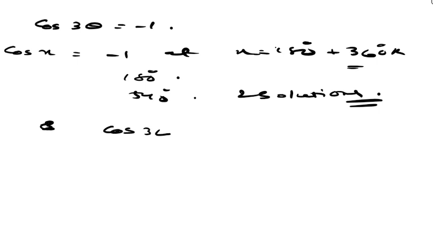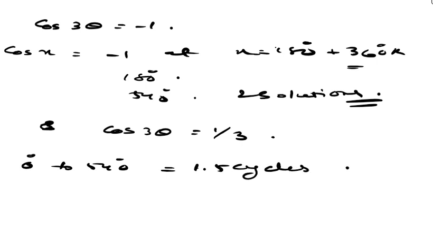cos 3θ = 1/3. Now for any value between -1 and 1, cosine gives two solutions per 360° cycle. Now check how many cycles are in the interval. So 0° to 540° is 1.5 cycles.